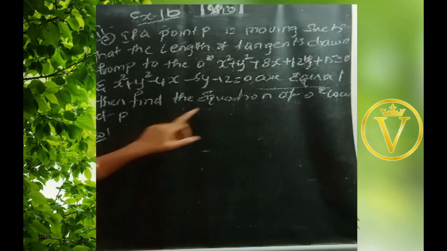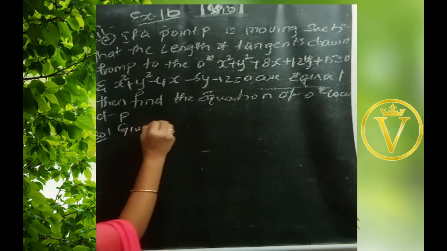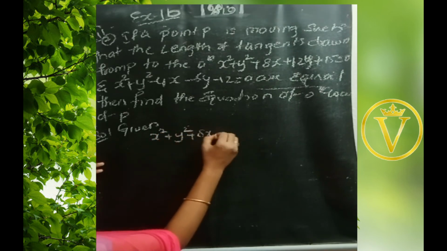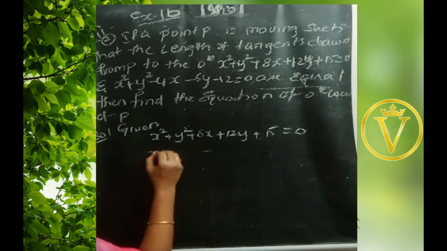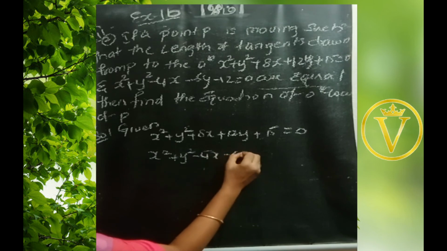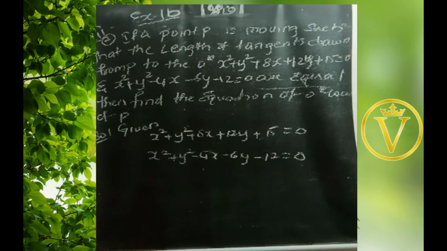Given circles are: x square plus y square plus 8x plus 12y plus 15 equals 0. Two circle equations.